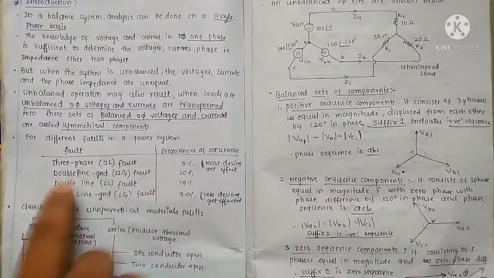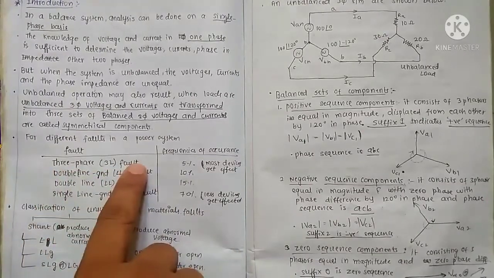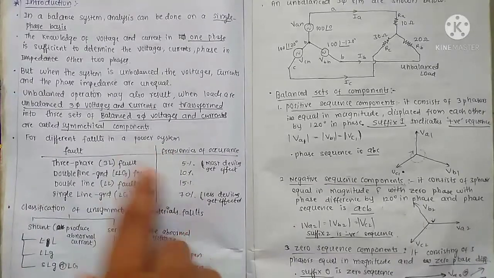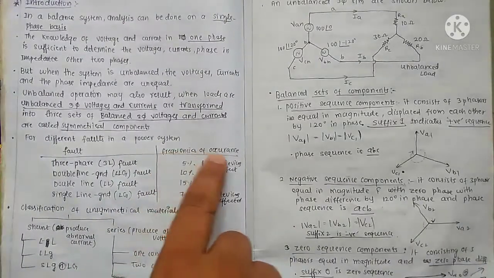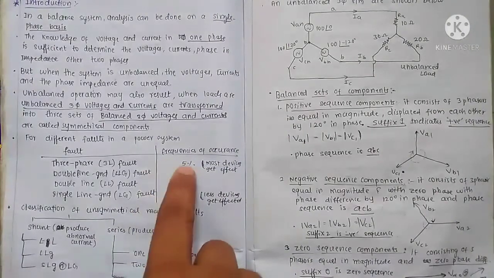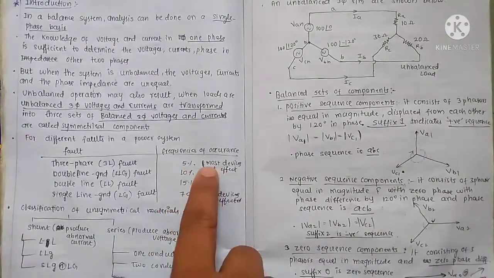Okay, for knowledge purposes, consider the frequency of occurrence of faults. The three-phase fault and the line to line fault are about 5% of occurrences, that is, they occur very rarely. Okay, 5% only.